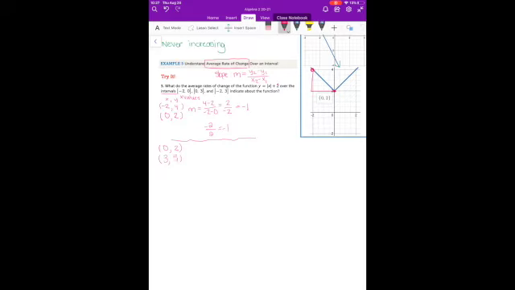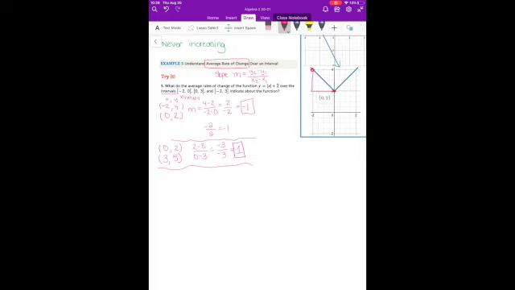All right, so 2 minus 5 over 0 minus 3 is negative 3 over negative 3. Use those math skills. Negative divided by negative is positive. So positive 1. Notice this slope is different than this slope.